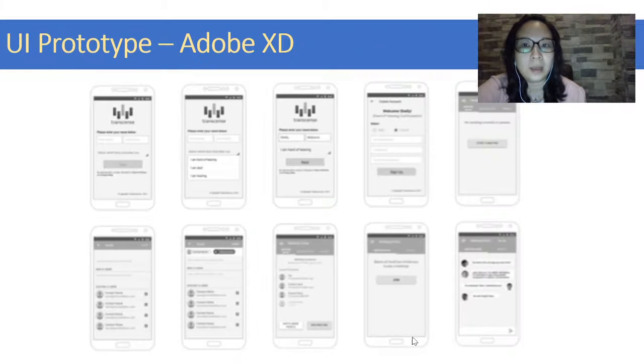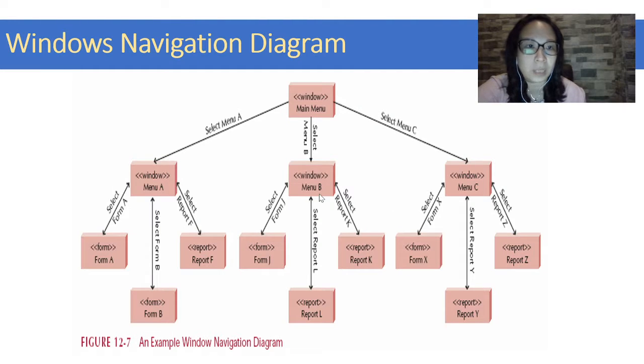And then the next is I want you to create the UI, the user interface prototype. For the prototype you can use Adobe XD. The user interface prototype also can be done after you define the Windows navigation diagram.